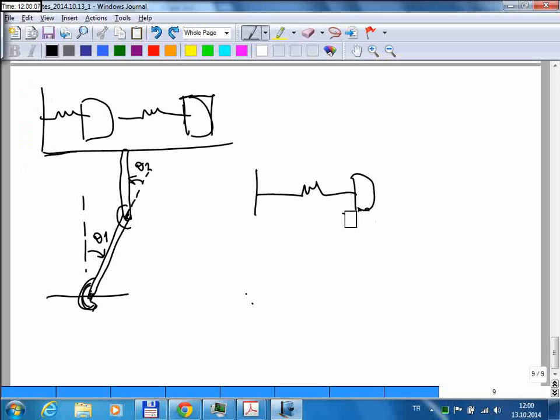But you can also imagine having a pin joint here, and then having this entire system free to rotate around this point, A. Such a system will have 2 degrees of freedom, because one coordinate axis is required in this direction to represent that position, and then you need a second one to represent the position in this axis. So that means you have a 2 degree of freedom system.